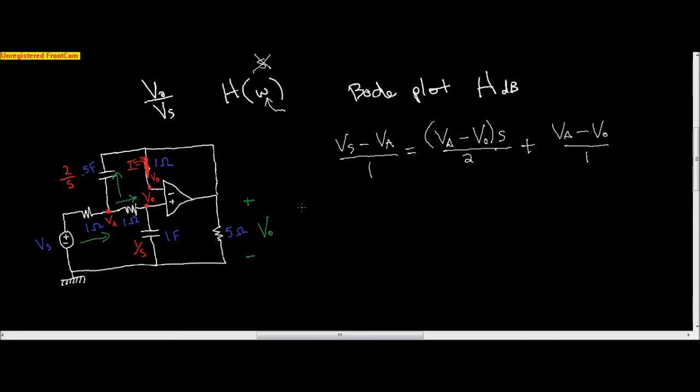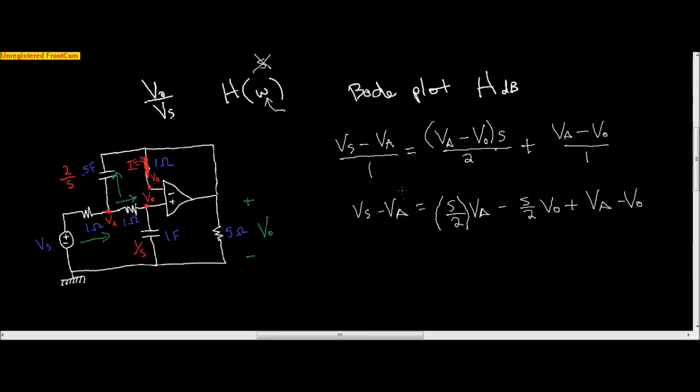This is pretty simplified, which is pretty sweet. But let's try and collect terms. So this is Vs minus Va, and this equals s over 2 Va minus s over 2 Vo plus Va minus Vo.